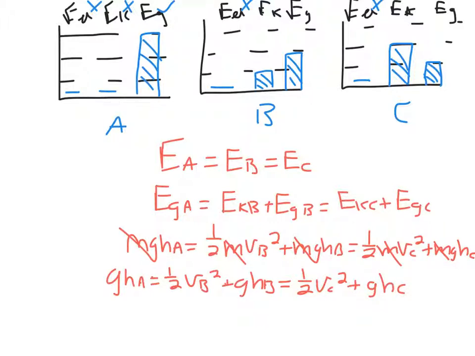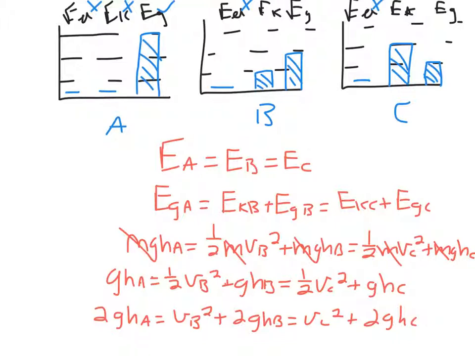I don't like the fractions, so I always like to multiply everything by 2 to get rid of the 1/2. You don't have to. I'm going to, though. So now to get rid of the 1/2, multiply everything by 2. So this leaves us with 2g height at A equals VB squared plus 2g height at B equals VC squared plus 2g height at C.